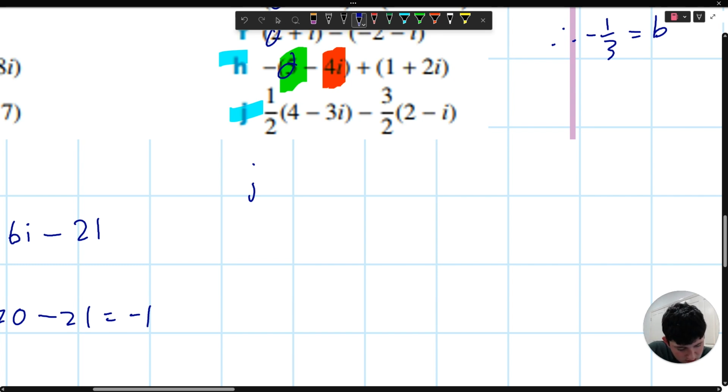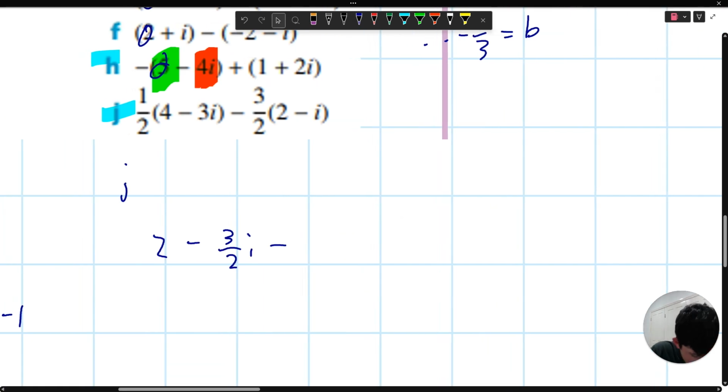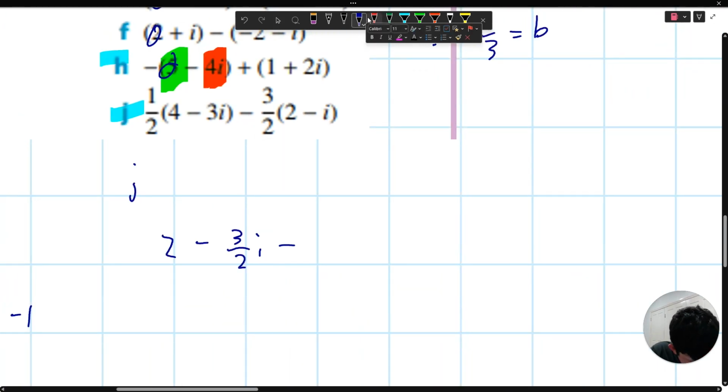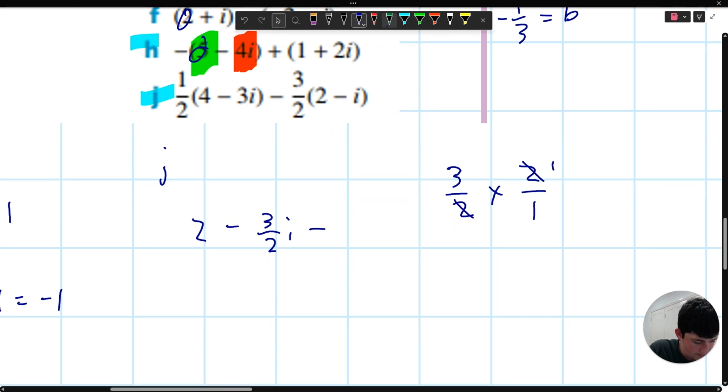We now expand the brackets as 2 minus 3 over 2i minus 3 over 2 times 2. Man, what is this specialness? Negative 3 over 2 times 2 over 1. You can just cancel them. Equals 3.